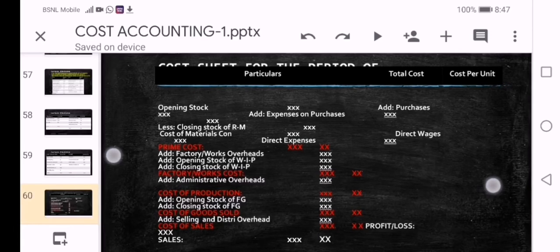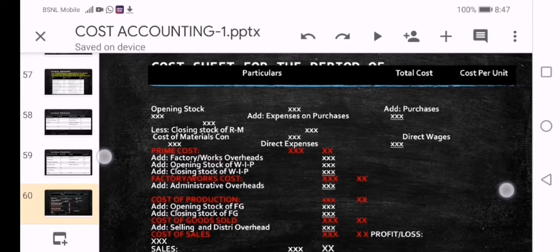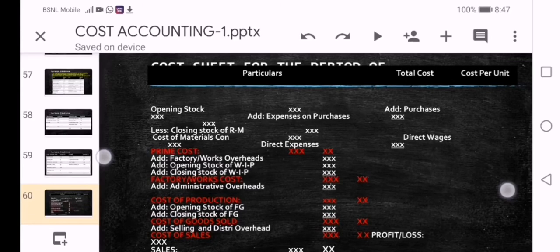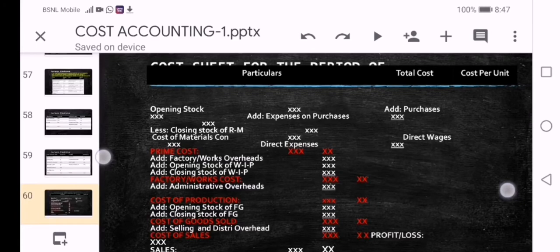So what is the first item? Opening stock, to which you are adding two things, purchases and expenses on purchases. Then you take the total, from which you have to deduct or less closing stock of raw material.